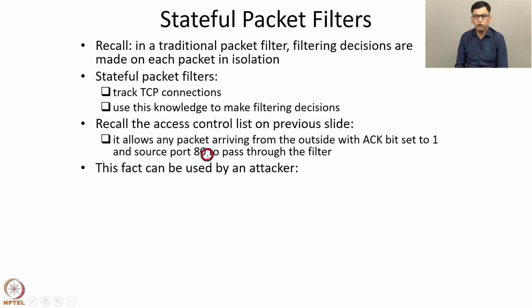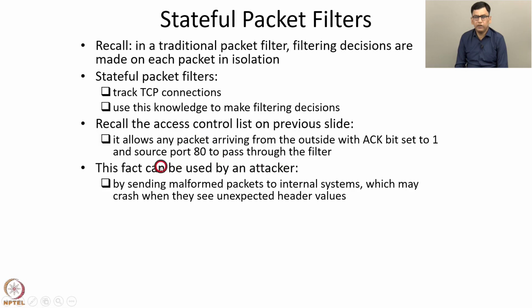This fact can be used by an attacker. The attacker can send malformed packets to internal systems which may crash when they see unexpected header values. There is no active web session between a host inside the network and a particular web server, but an attacker may send a packet with the IP address of that web server to the internal host, and that packet will have source port 80 and ACK bit set to 1.